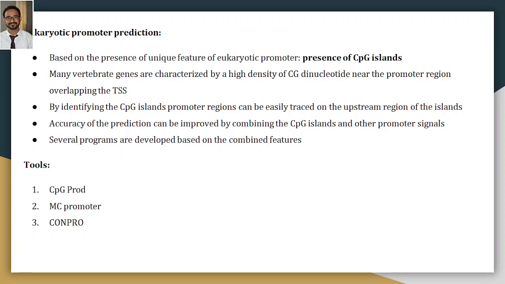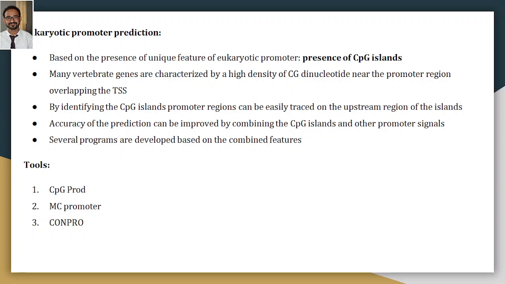So once you identify where the island promoter regions are, then you can easily identify the region near that particular CpG island.